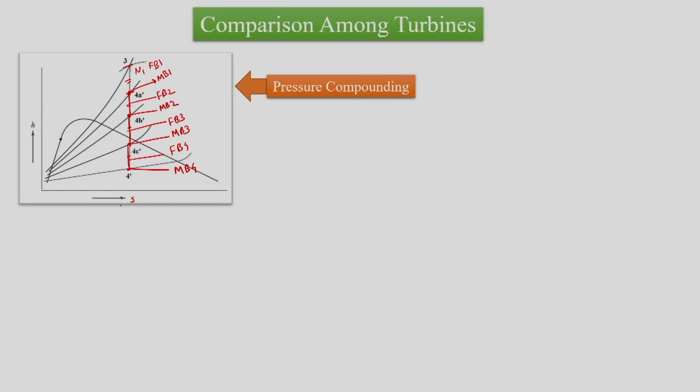So this is the complete expansion in the turbine, which is a 4-stage turbine in case of pressure compounding.